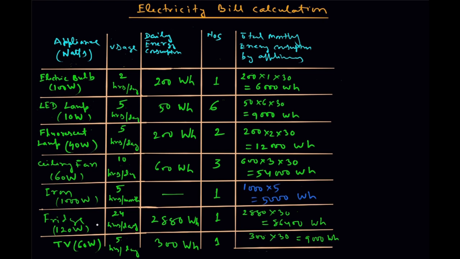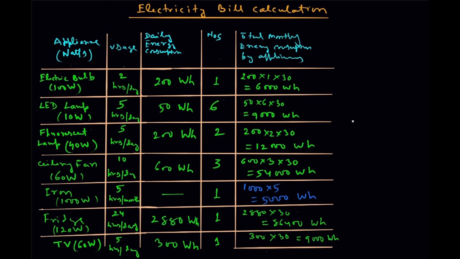You can see that the power consumed by this fridge is very high, that is 86,400 watt hour, and also by this ceiling fan, that is 54,000. You can see that this TV is consuming moderately low, that is acceptable, 9,000 watt hour.